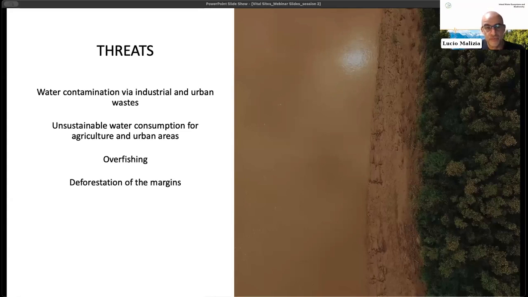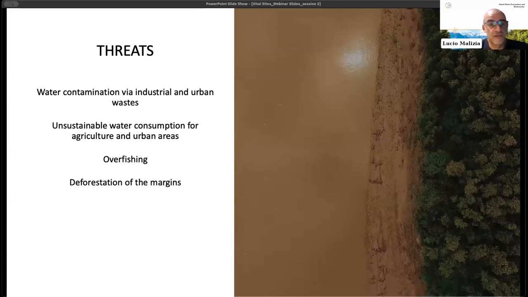Then another threat is water consumption, basically to drink water for the urban areas around. About 500,000 people live around this river. So it's not enormous, but there are several cities of about 100,000 people around this particular river.